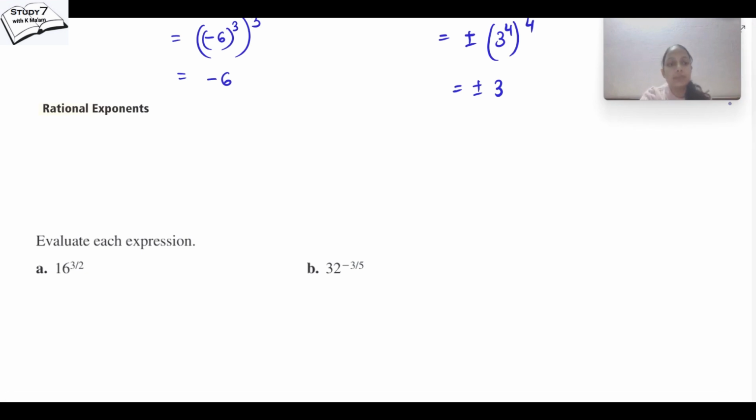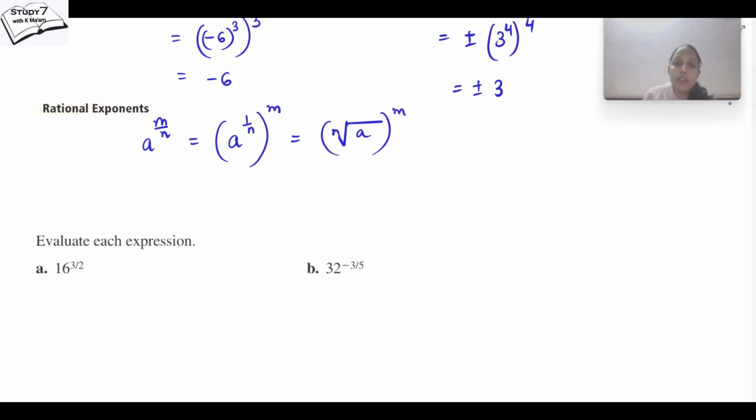Next we have rational exponents. Rational exponent means when the power is a rational number, m over n. I can write it as a power 1 by n, the nth root, and then the whole power m. Or otherwise you can also write it this way, the nth root of a to the whole power m.